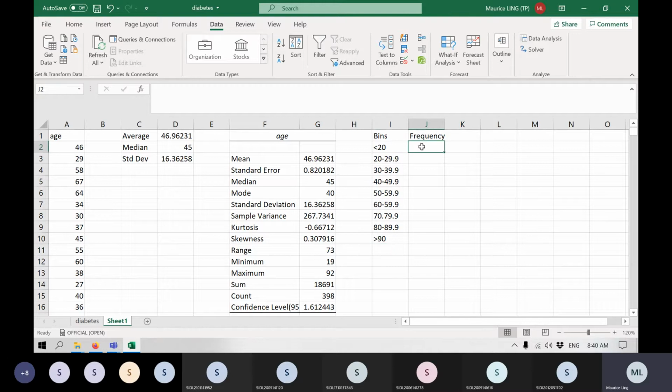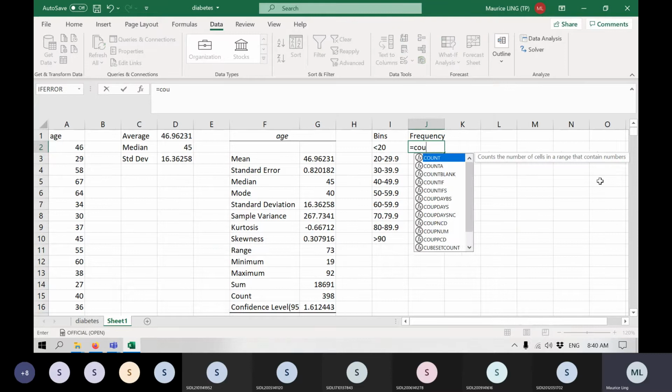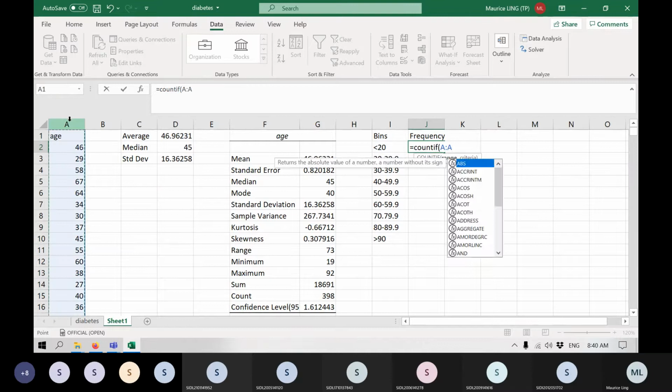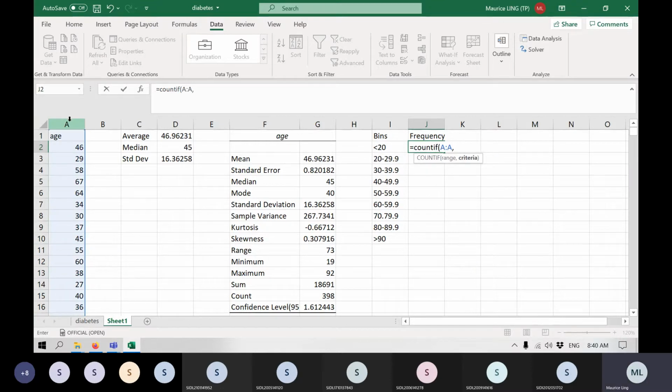So how do we calculate frequency? We use this function known as COUNTIF. You give it a range, and the criteria is less than 20.